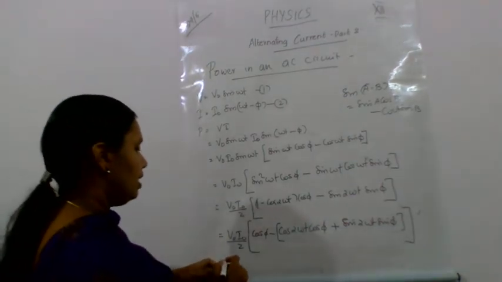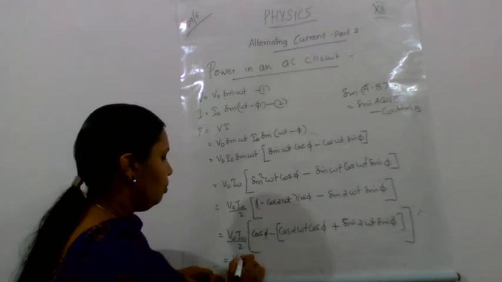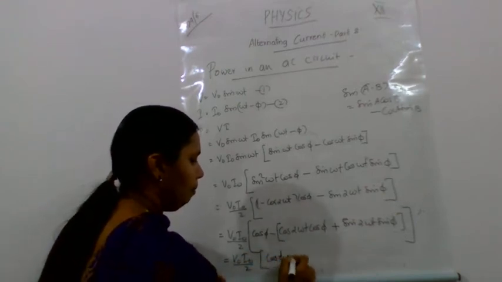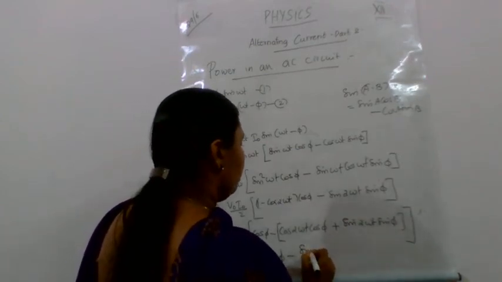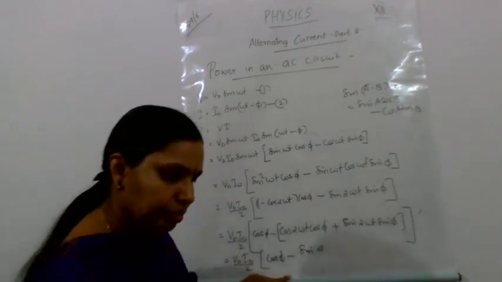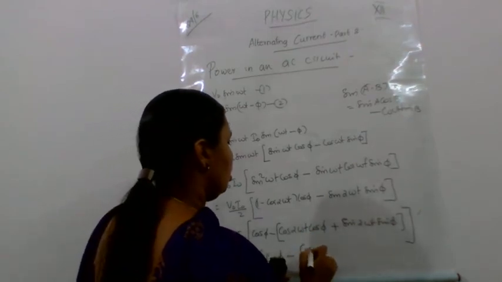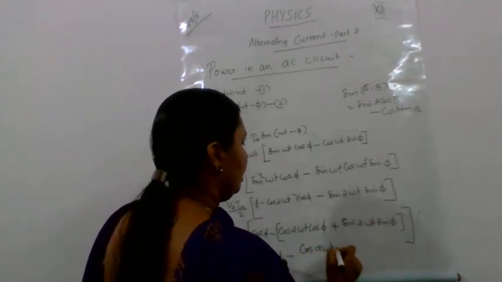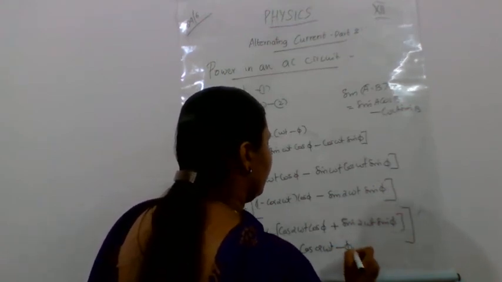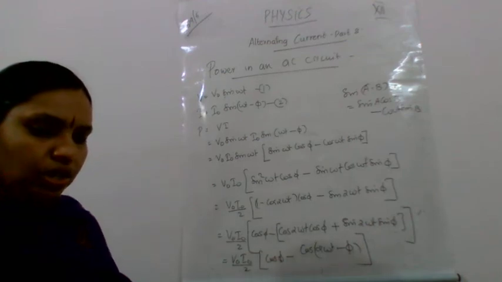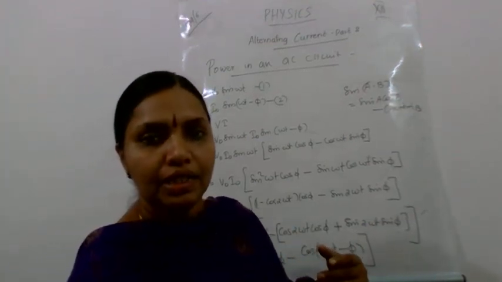So we can write this as V0 I0 by 2 times cos phi minus cos(2 omega t minus phi).